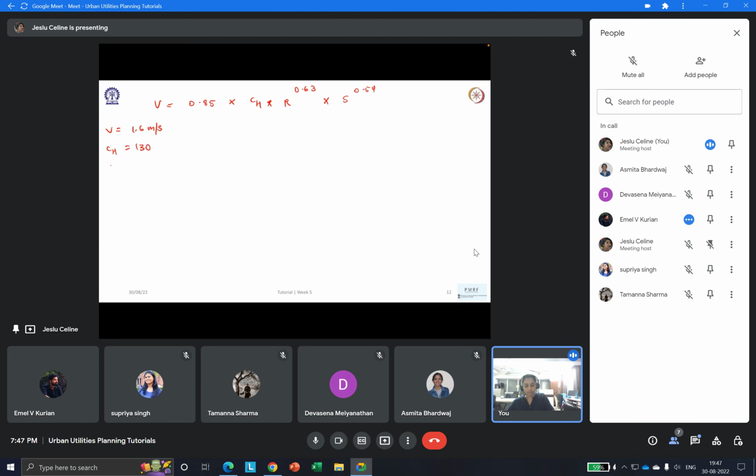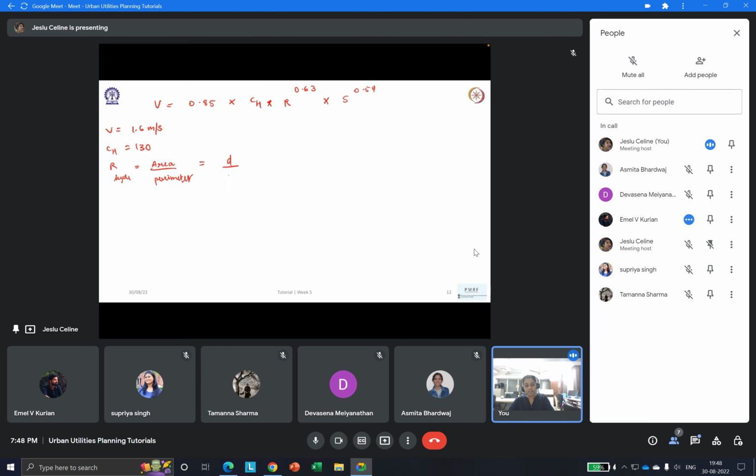R. We discussed it is the hydraulic radius, that is equal to wetted area by wetted perimeter. Sorry, last time I forgot to mention that, and it created some confusion. Here we are assuming that the pipe is fully flowing, not partially flowing. So the overall area by perimeter we will take.